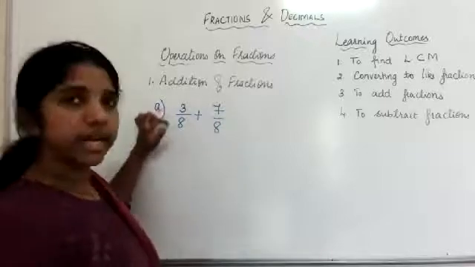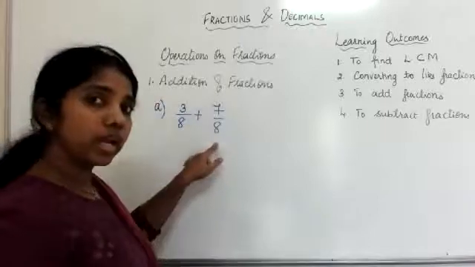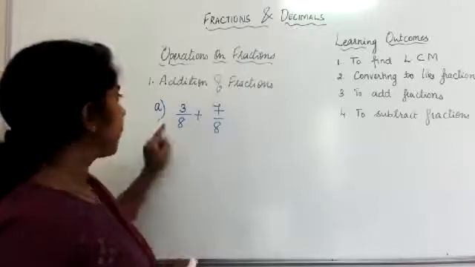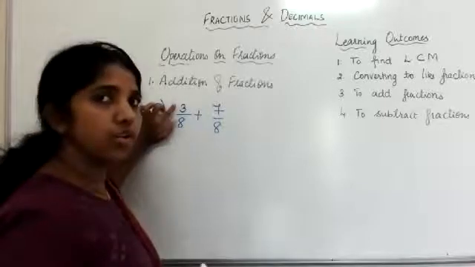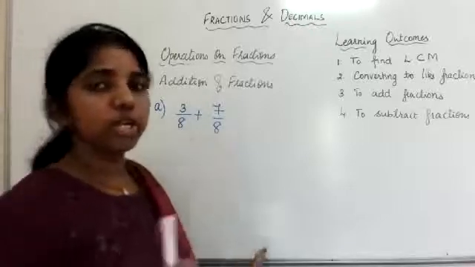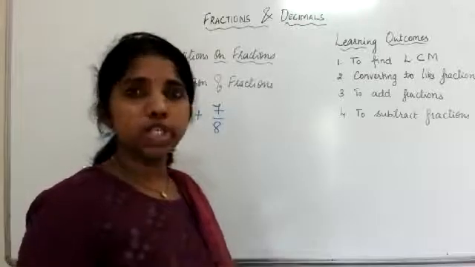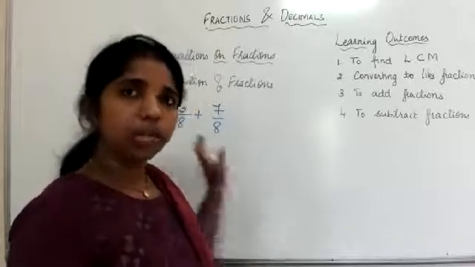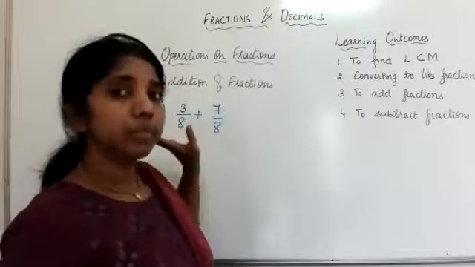Now you all know that these are proper fractions because the denominator is greater than the numerator. We can perform addition not only with proper fractions, but also with improper fractions, but right now they have given proper fractions.